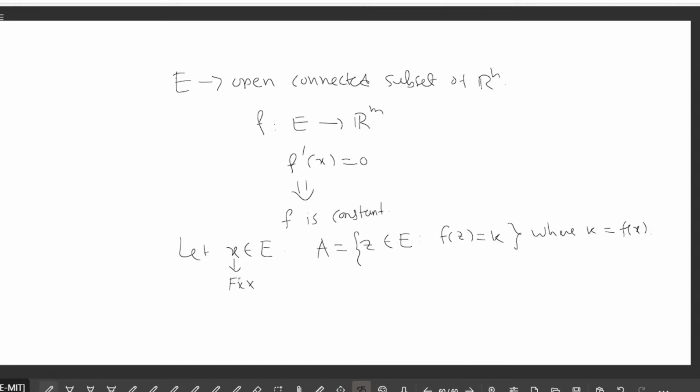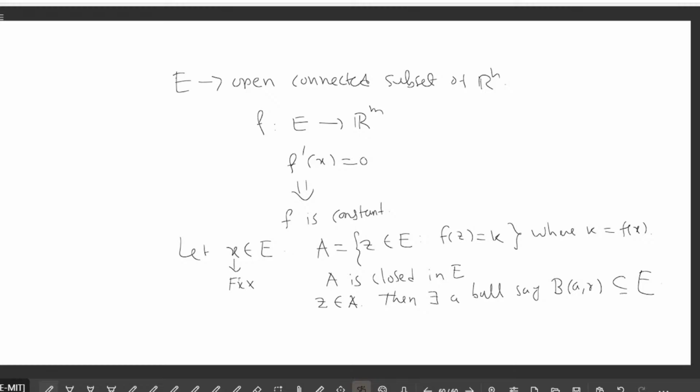Since f is a continuous function, this is a closed set. So A is closed in E. We'll show that A is open in E. Let's take a point z belonging to A. Because z is also in E and E is an open set, there exists a ball around z inside of E. Now, because it's a convex set and f' of x is 0, f will be constant over here.